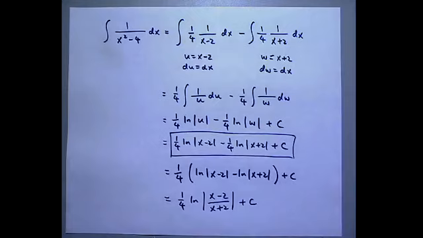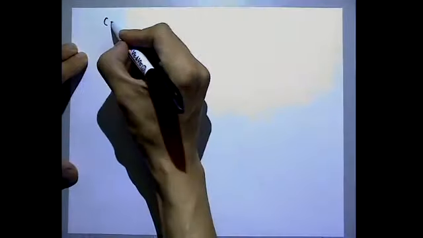Okay, so that's case 1. Let's look at case 2. If you get case 1, case 2 is not terribly difficult. And on Wednesday, we'll look at the more difficult cases 3 and 4.